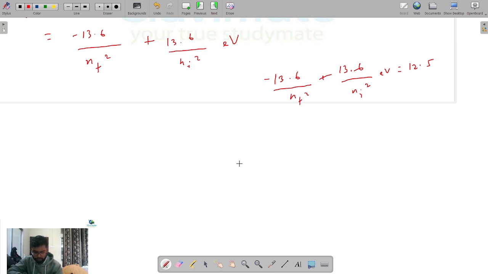So now we'll have minus 13.6 by nf square plus 13.6 is equal to 12.5.